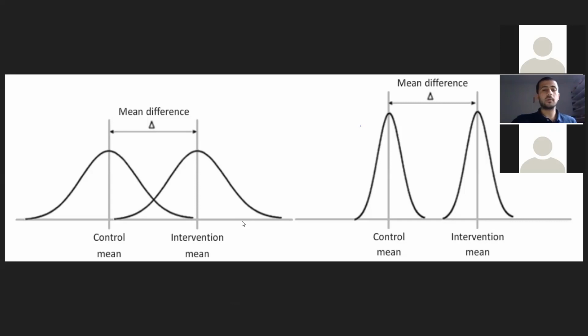For example, if I'm giving a drug for blood pressure and I give another pill of this drug, I will have a higher effect. By higher effect, I mean more mean difference. Okay, so this is how I reach from this to this, and we need to understand that.